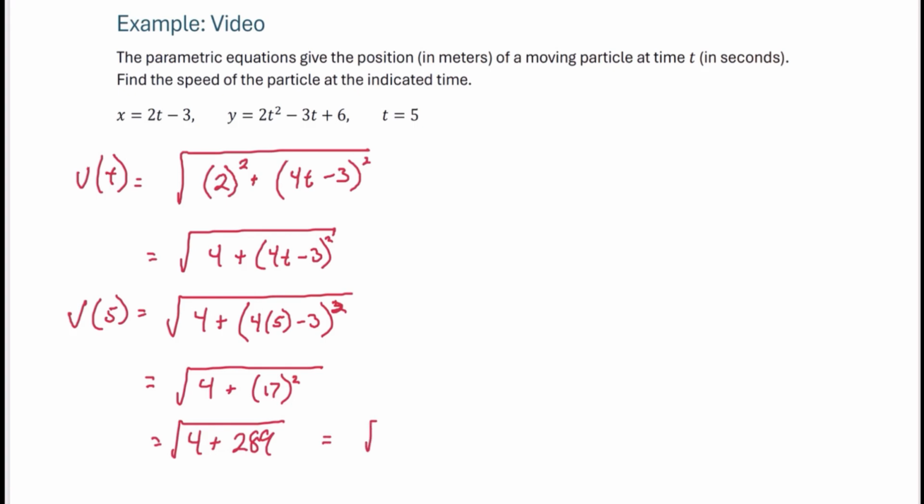That is the square root of 293. And if we wanted to approximate that, that will give us roughly 17.12 meters per second. This again is the velocity when time is 5 seconds.